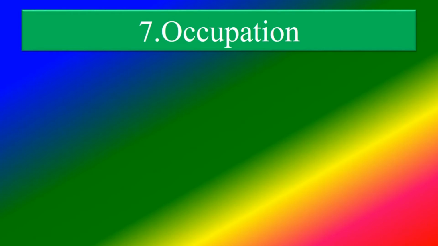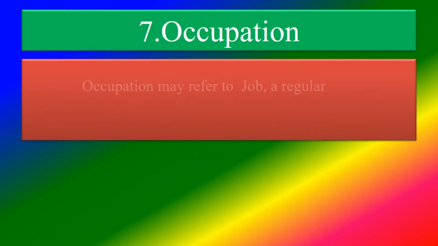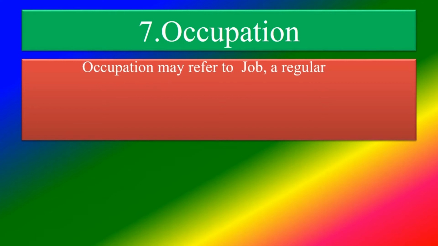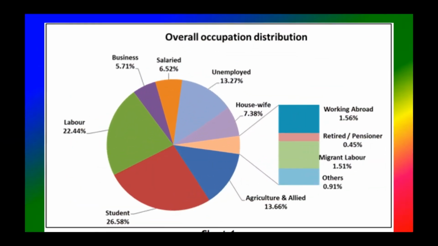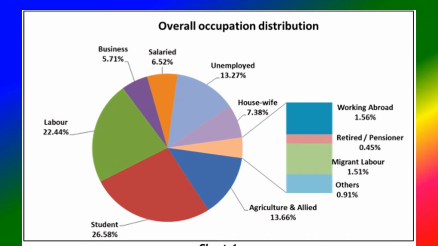Seven, occupation. Occupation may refer to a job, a regular activity performed for payment. Look at this pie chart.